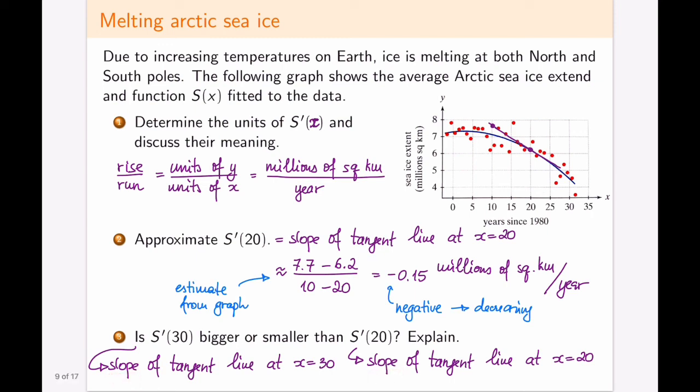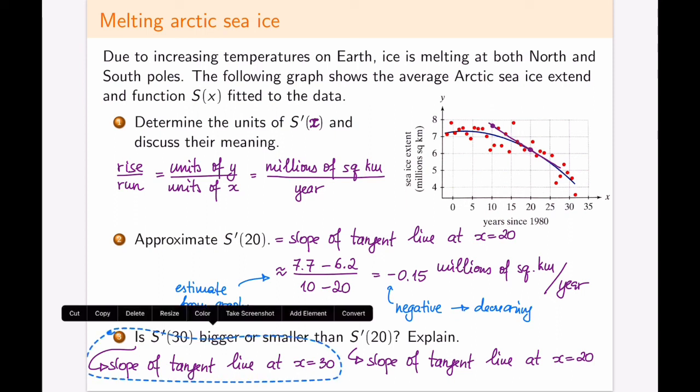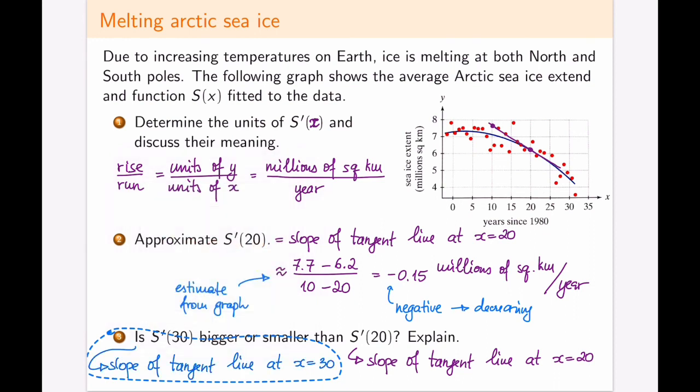Well, I already have the tangent line at 20 drawn, so let me draw a tangent line at 30. Let me color code this so that it's not as confusing. There we go. If I now draw a tangent line at 30 here, I notice that even if I am doing so quite roughly, my tangent line is going to be steeper, right? It looks like the graph is in fact decreasing faster and faster.